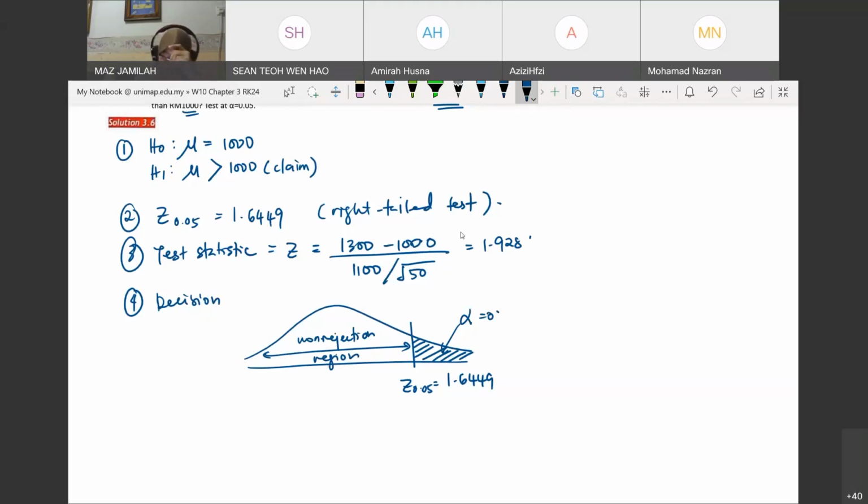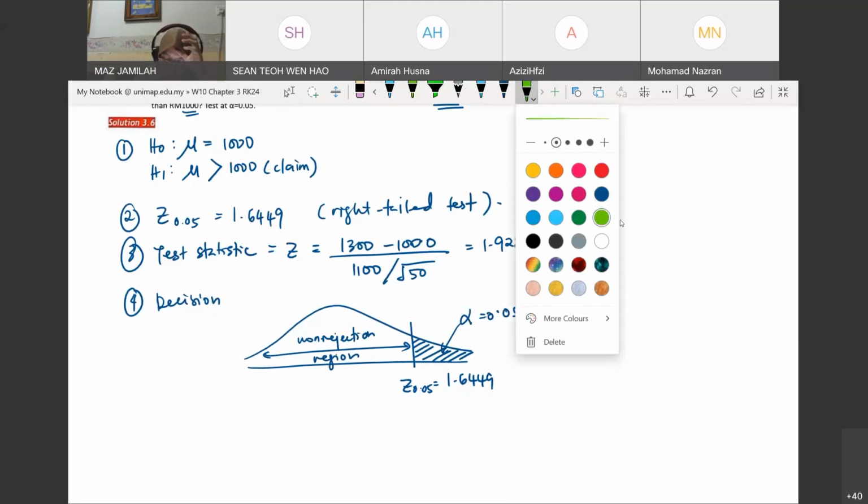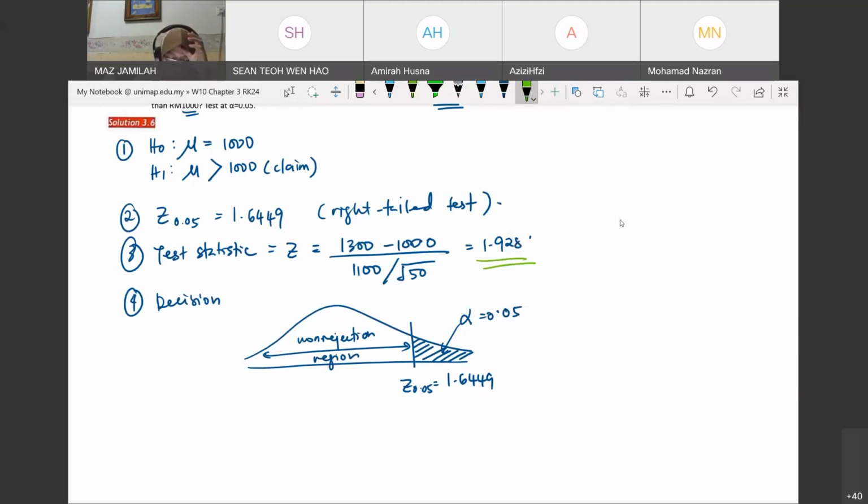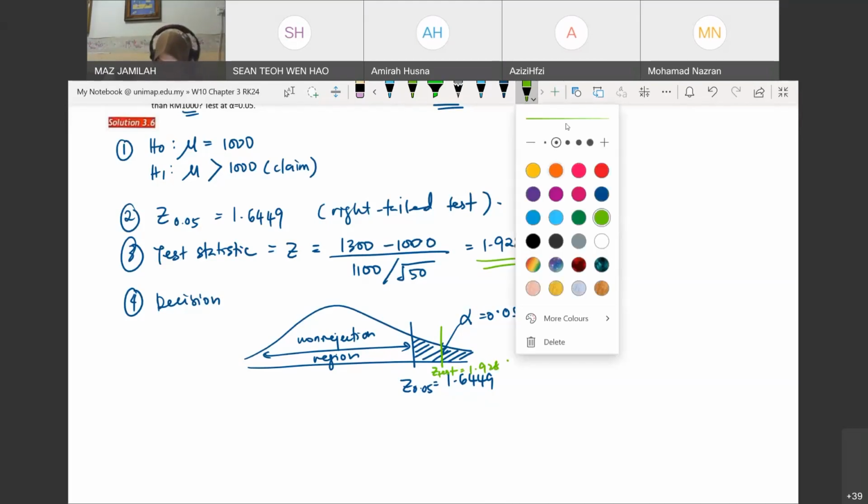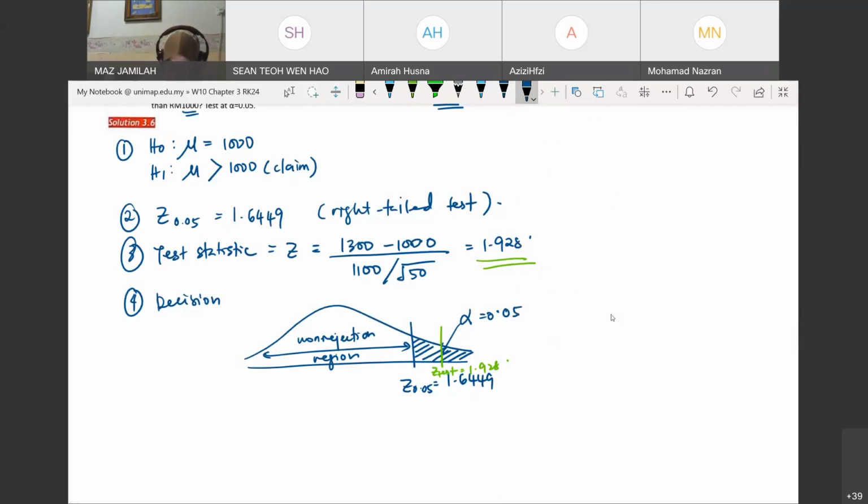And we know that our test statistic is 1.9285, sorry. So where is the location of your test statistic? Let's say somewhere over here is your Z test. Since it falls in the rejection region, how do we decide?